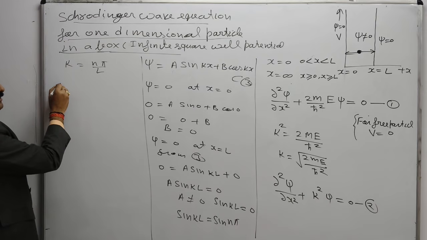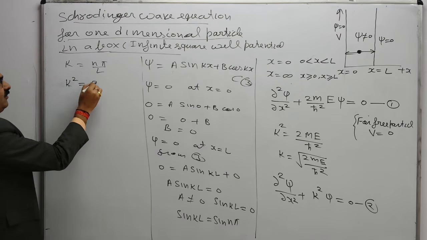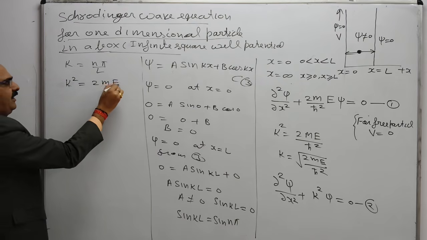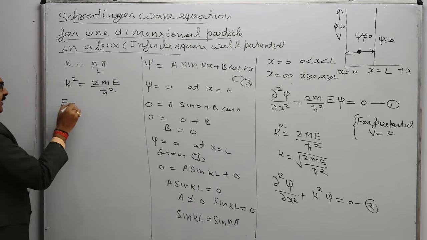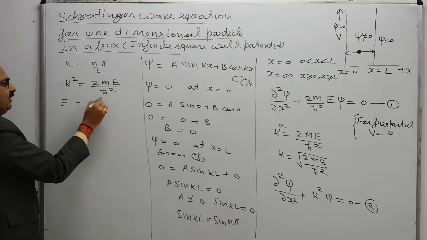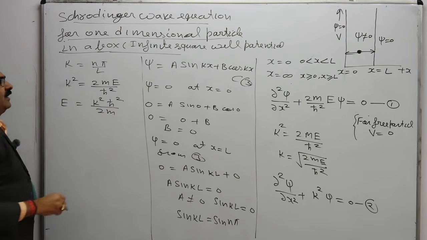k square is equal to 2mE upon h bar square. Then E is equal to k square h bar square upon 2m.